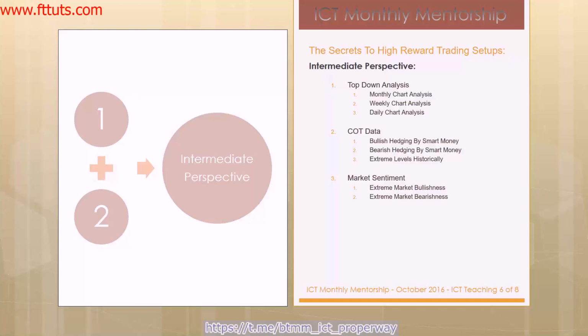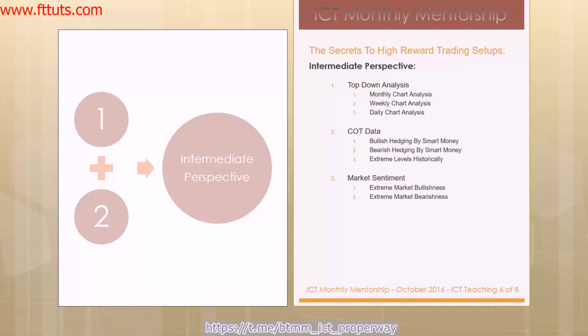So again, just know that to have the intermediate perspective outlined, you have to come to an agreement on at least two of these areas of study. In other words, you have to be a buyer based on two specific areas of study out of the three. As an example, the weekly chart indicates higher prices, and Commitment of Traders suggests there's bullishness on the stance of the commercials.